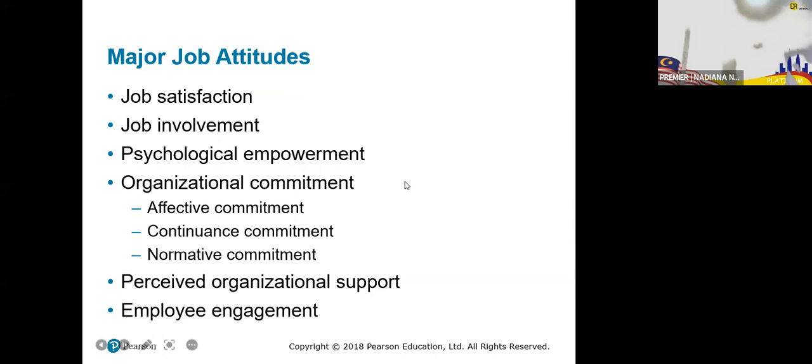Number three, psychological empowerment. When you talk about empowerment, your company, your organization, your upper-level bosses, your immediate boss give trust to you, give the power and trust to you to do the job.